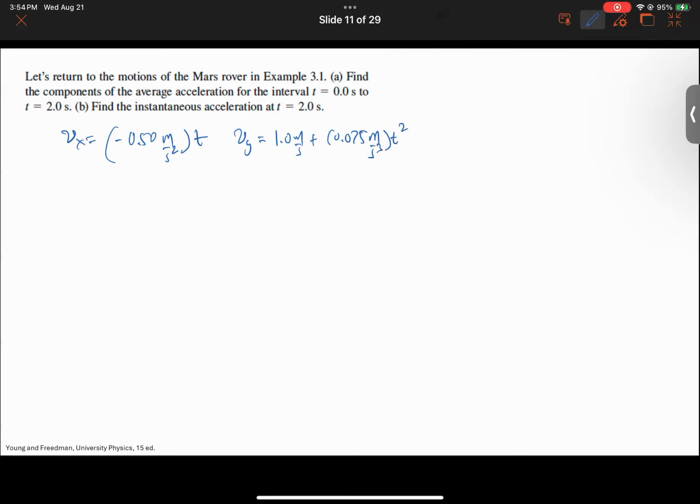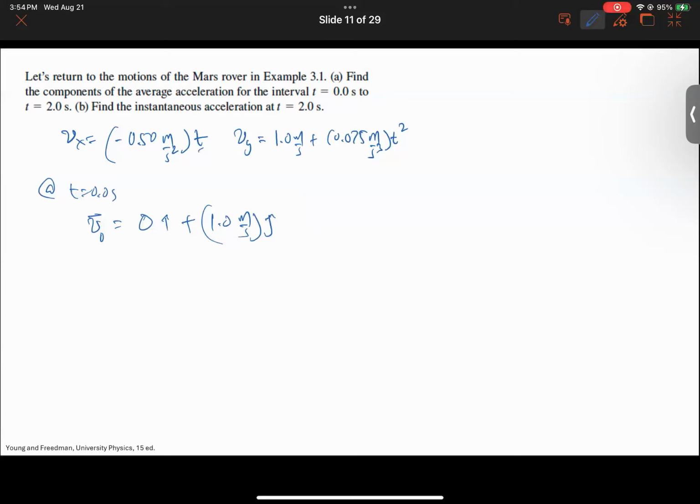Okay, so to get yung components of the average acceleration for the interval t equals 0 to t equals 2 seconds, kunin muna natin yung velocity vector at t equals 0.0 seconds. So the velocity vector, sabihin natin v naught yan, equals, at 0, so 0 yung x, di ba, i hat plus 1.0 meters per second j hat.